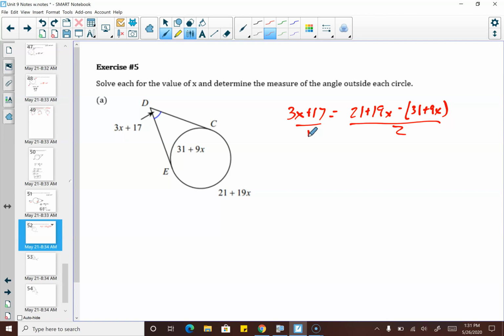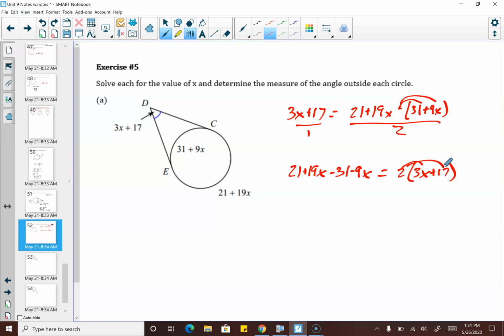All right, we'll end up putting this over 1. So when we cross multiply, what we need to do is we have to distribute that minus sign. So we end up with 21 plus 19x minus 31 minus 9x equals, and then here we're going to have to end up distributing that 2 to the 3x plus 17.